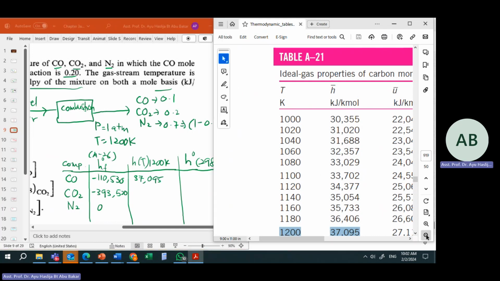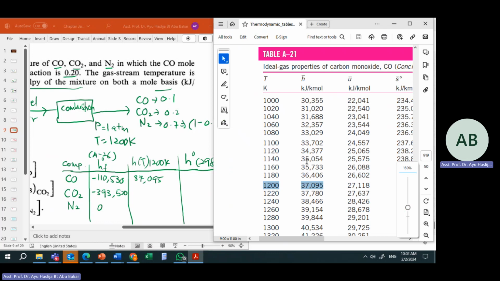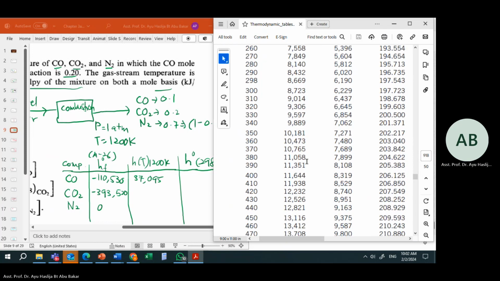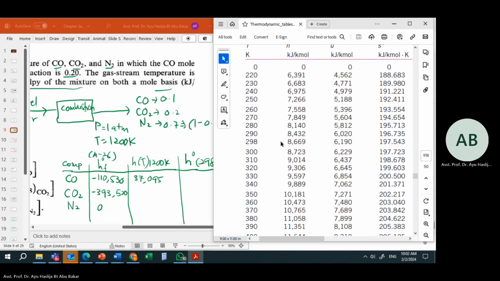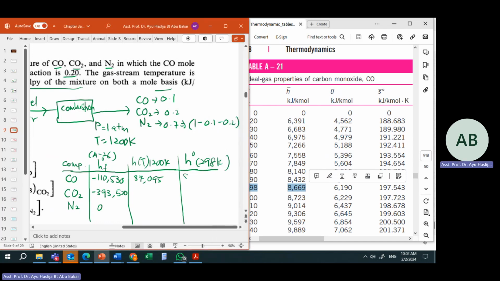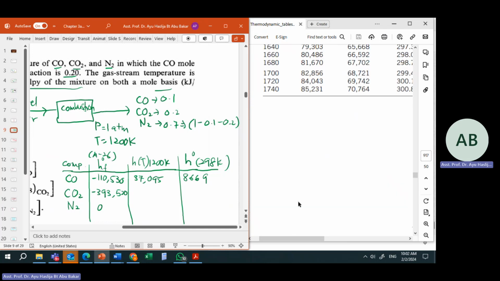Okay, so still at the same table, find enthalpy at 298. Okay, sini. 8669. Okay, boleh. Next, find for CO2.